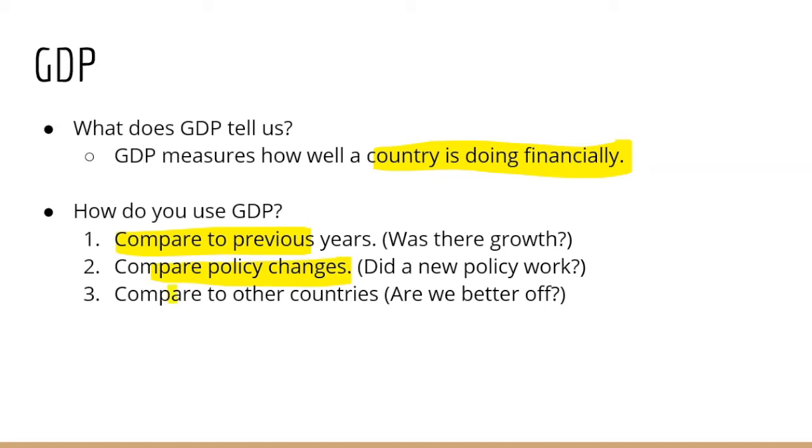And lastly, we can compare ourselves to other countries. Is the United States comparatively better off than South Korea? And we could use the GDP to help us determine if we're better off here.